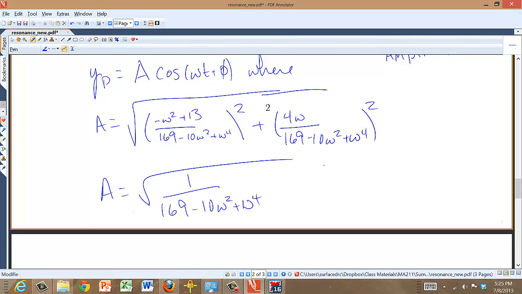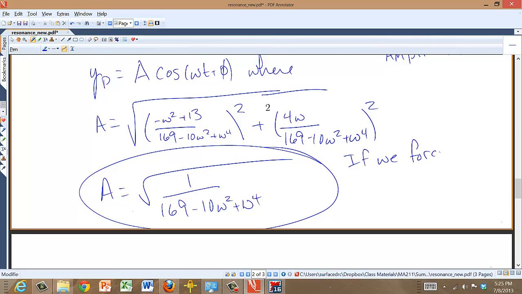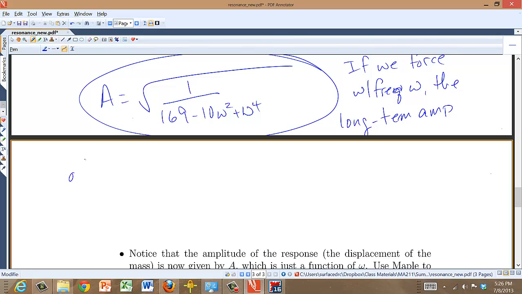Alright, so what's this tell us? This quantity tells us if we force with frequency omega, the long-term amplitude of oscillation is this.